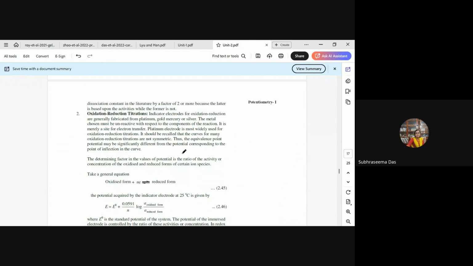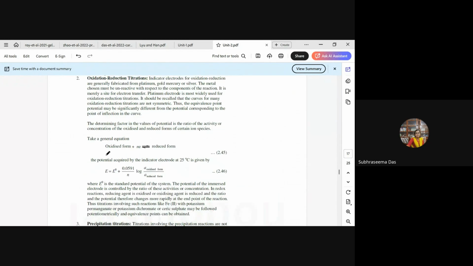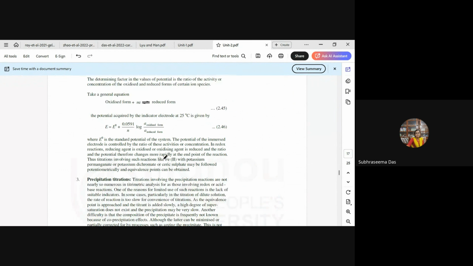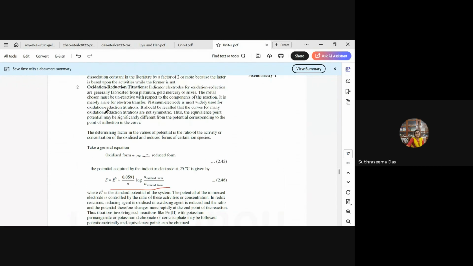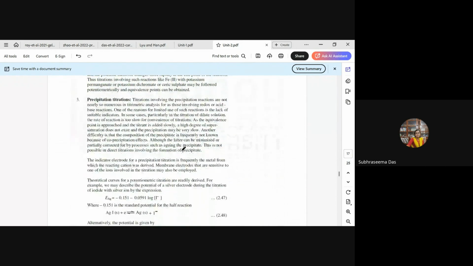Suppose we take a general reaction, then the Nernst equation can be written as E is equal to E0 plus 0.0591 by n into log of a oxidant by a reductant, and using this we can calculate the E of our species. Then precipitation reactions, these are titrations that involve precipitation reactions.